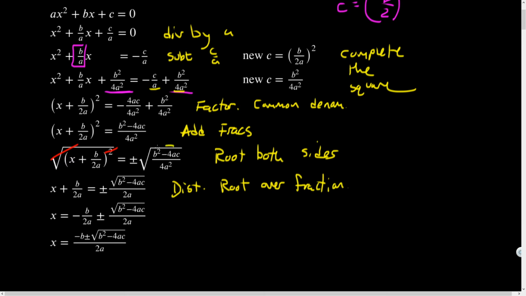Right, and so the numerator is now square rooted. The denominator square rooted: the square root of 4 became 2. The square root of a squared became a. And then to go from here to here, subtract b over 2a from both sides, and then because these two fractions have the same denominator, I'll just add the fractions.